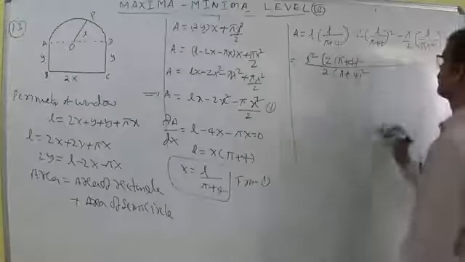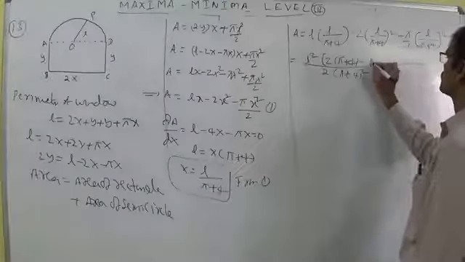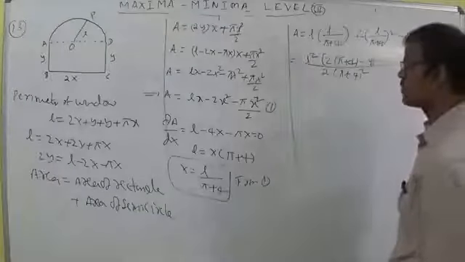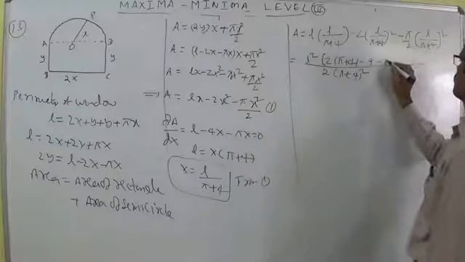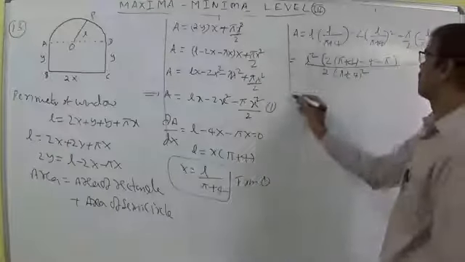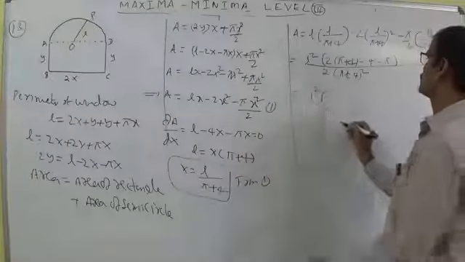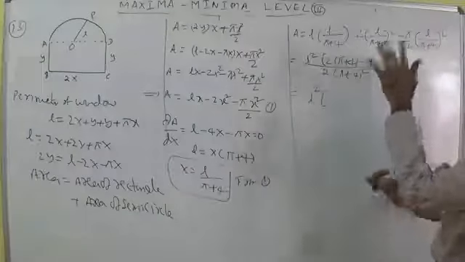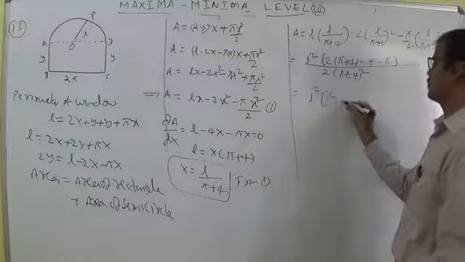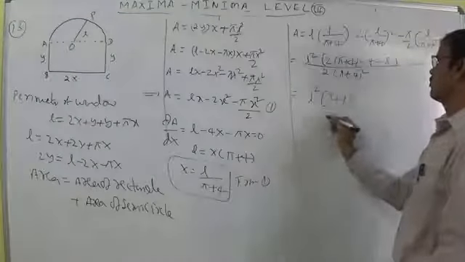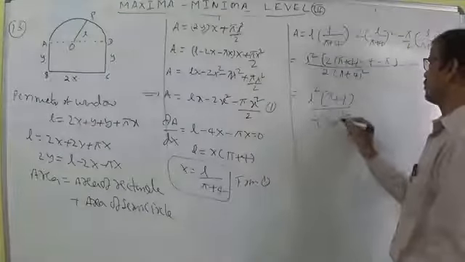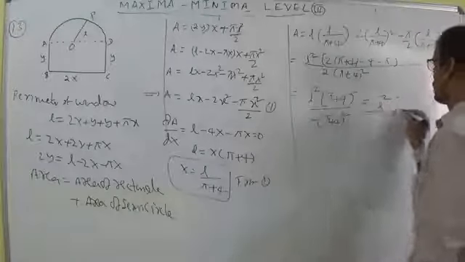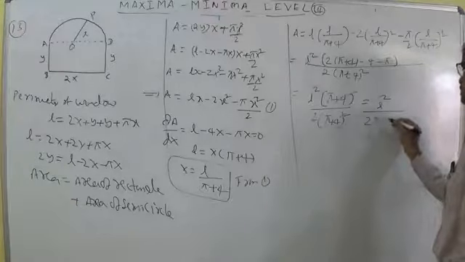That is equal to L square into 2 pi plus 8 minus 4 minus pi. So you can write pi plus 4 by 2 into pi plus 4 whole square. Pi plus 4 gets cancelled. L square by 2 pi plus 8 you can write.